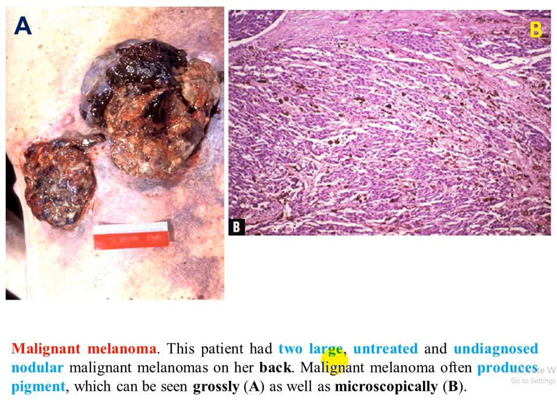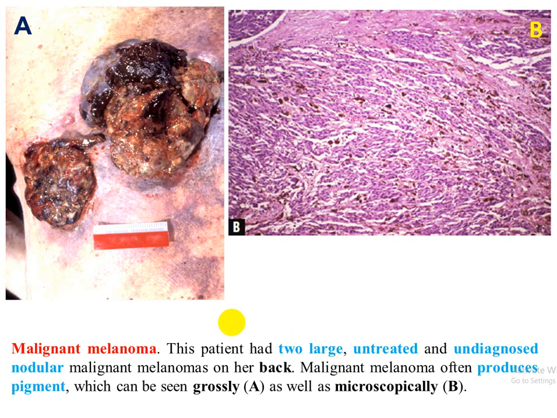The behavior of growth is that it either grows superficially or radially and does not metastasize to distant sites, or it may grow vertically and infiltrate the underlying dermis and mostly metastasize. The most important risk factor is sunlight due to ultraviolet.